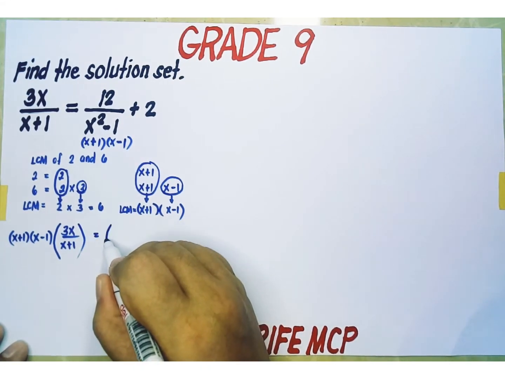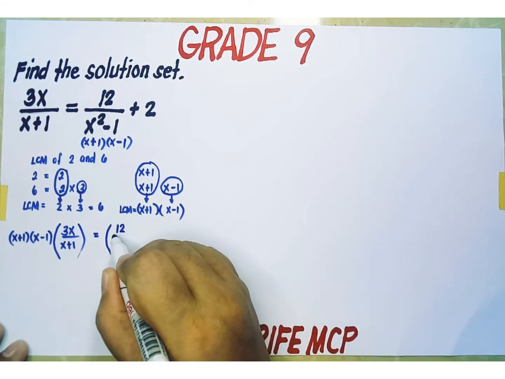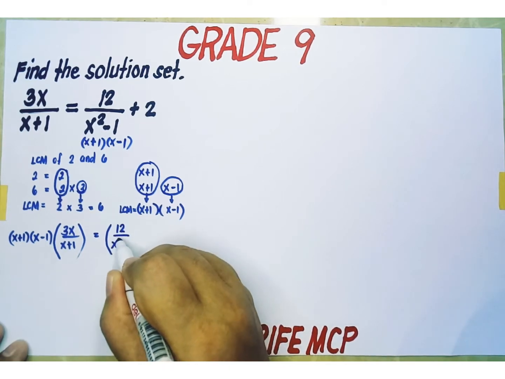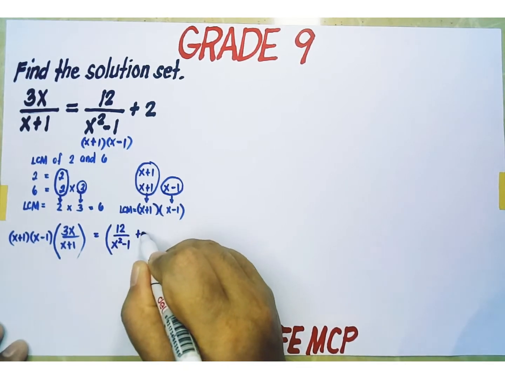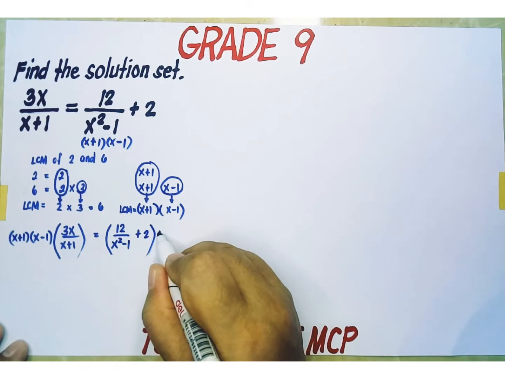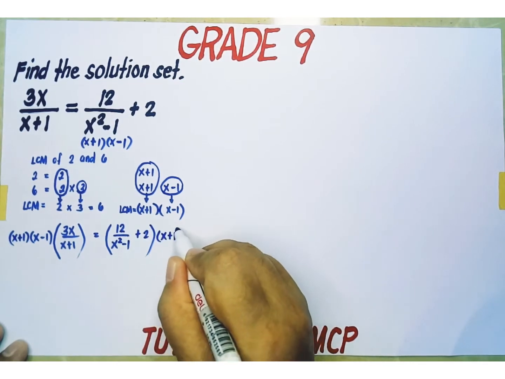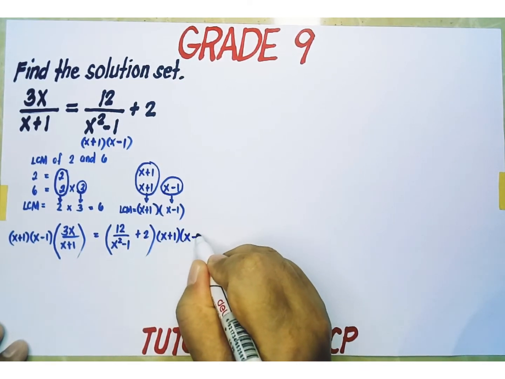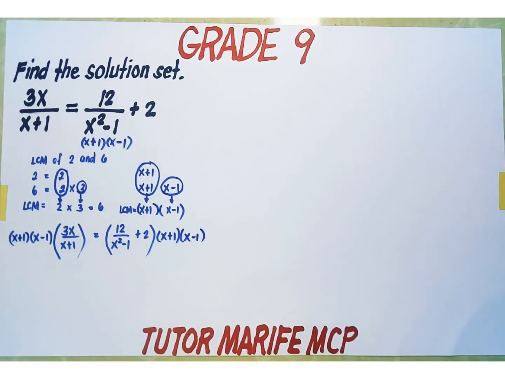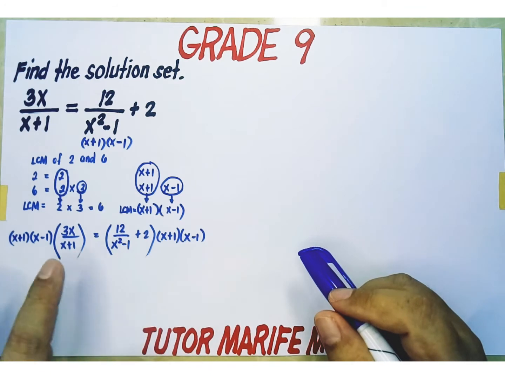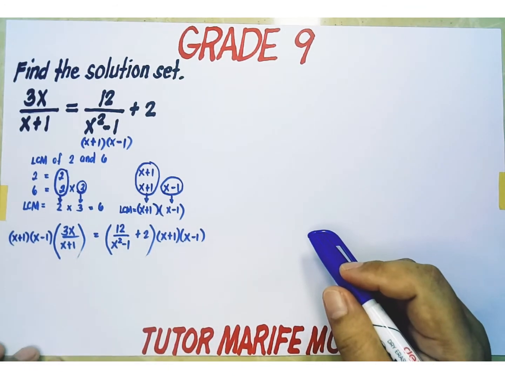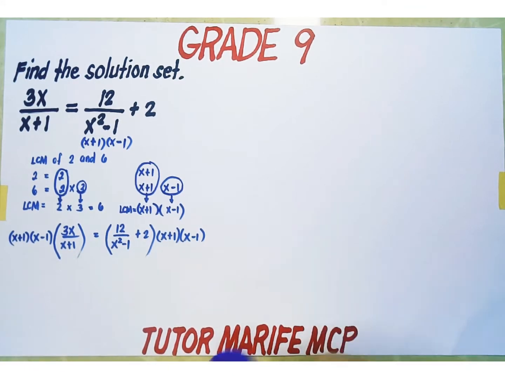Then, yung right side natin, i-multiply din natin by the LCM. Yan. So, our target is to get rid of the denominators.